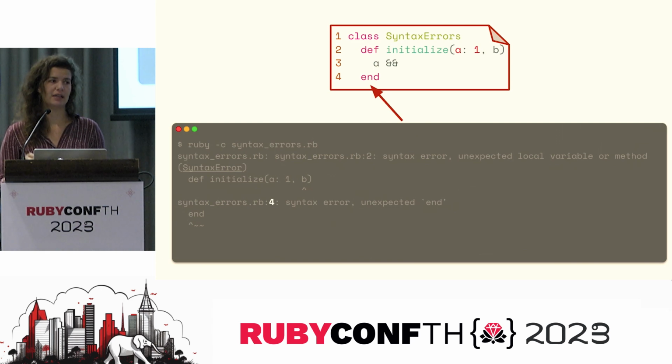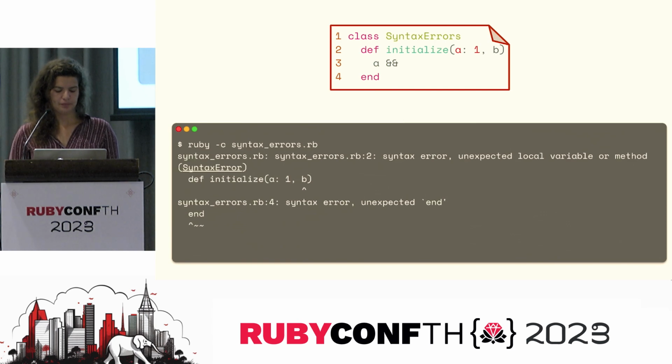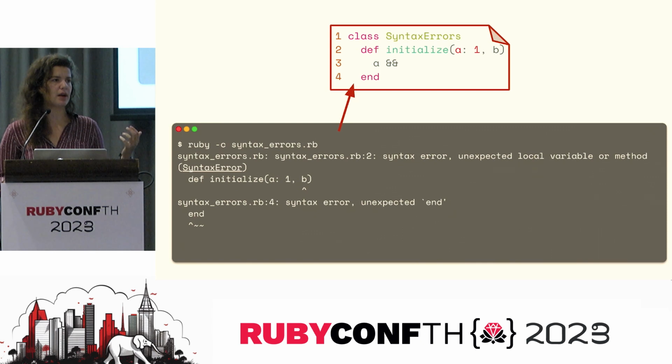But instead of telling us, "Hey, I was expecting something after the ampersand," it's just saying the end was not what I expected. And to the point earlier about tolerance, it hasn't at all told us that we were actually missing an end, right? We just couldn't recover from the previous errors and tolerate them in a way that allowed us to get all the way to the third error.